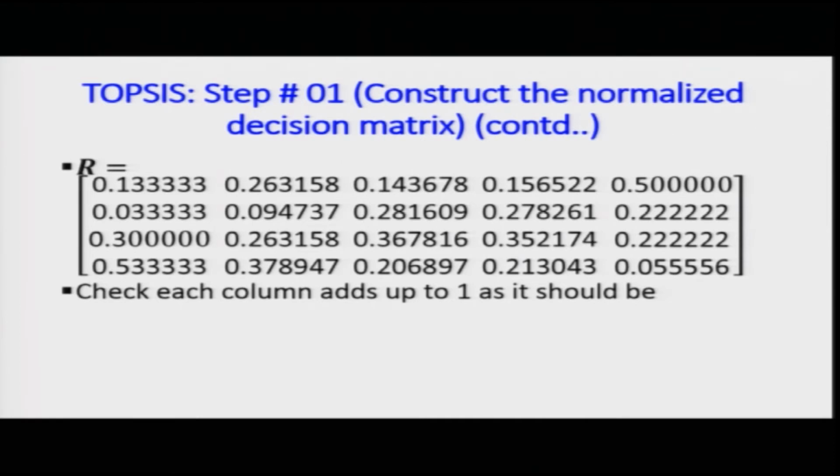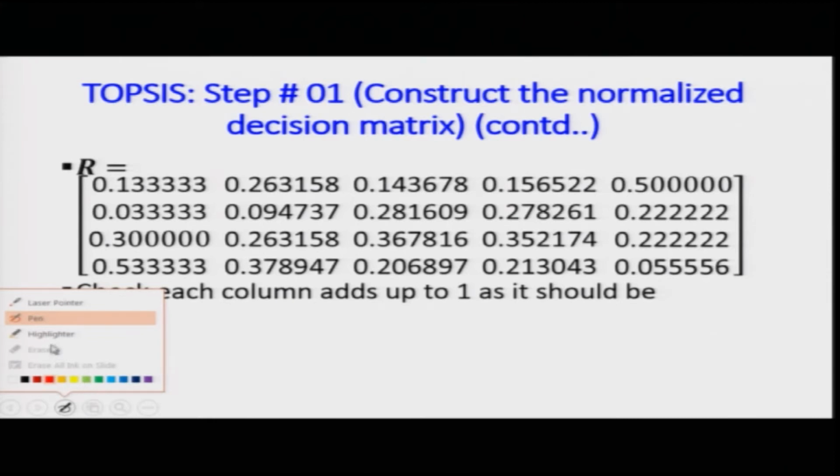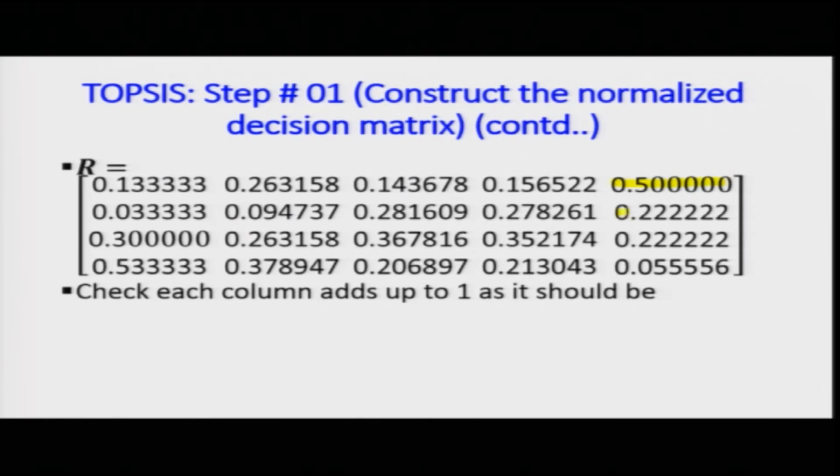Similarly, if I come to the last column for the fifth criteria, the corresponding weightages or values accruing to alternatives 1, 2, 3, 4 are 50% for the first, 22% for the second, 22% for the third and 5% for the fourth. I am not reading the decimal values.